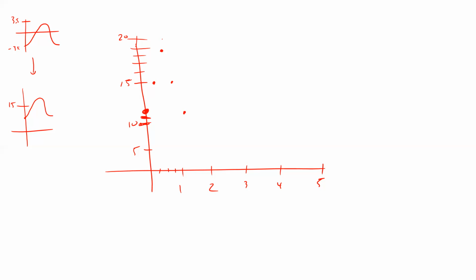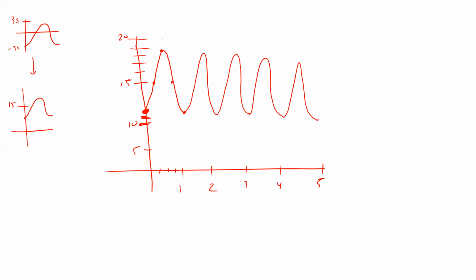So final answer, here it is. How about it goes like this, comes back down by the time we get to 1, it goes up again. There's 2, 3, 4, and 5. Are we good? It's going to go 5 periods by the time it hits 5 seconds. Yeah, and we've modeled it.